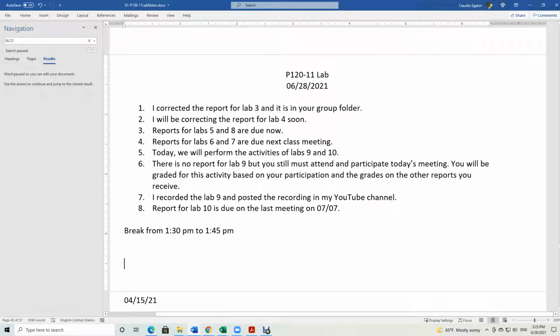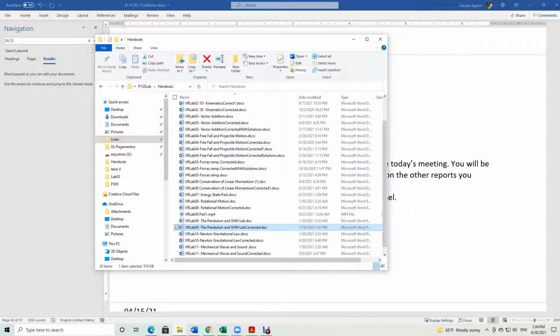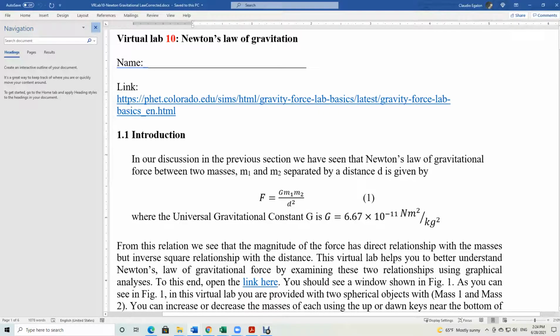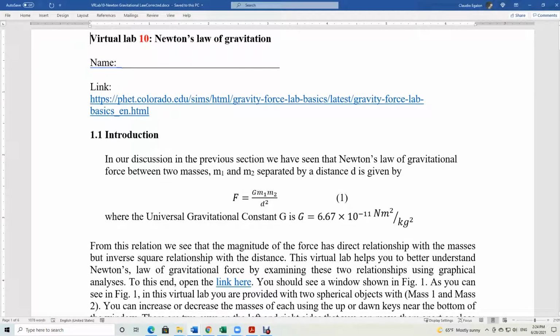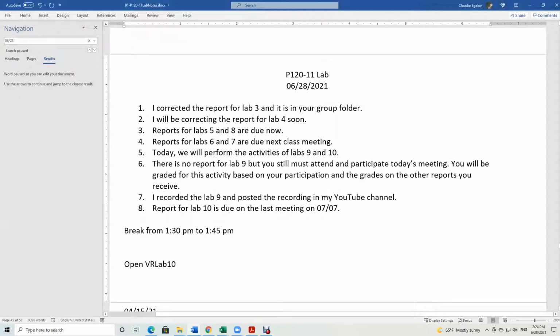Okay, so open VR Lab 10, Newton's law of gravitation. For this, you must turn in a report for this activity.